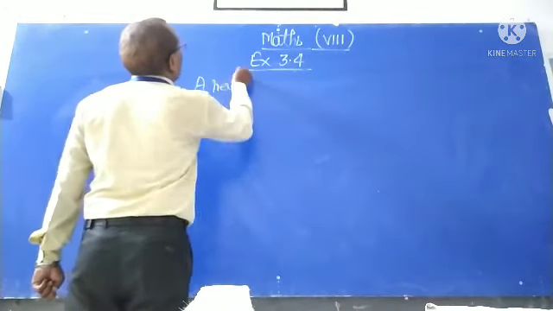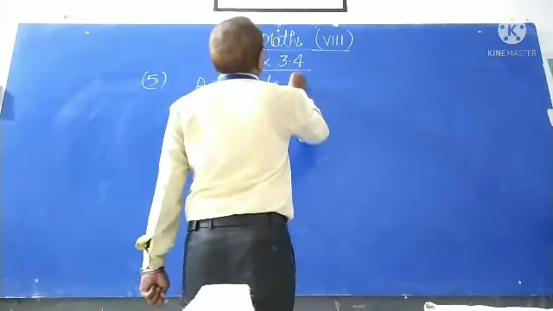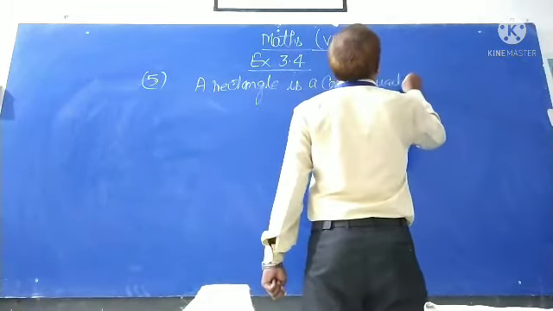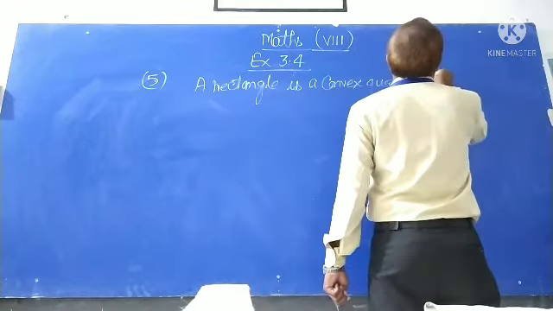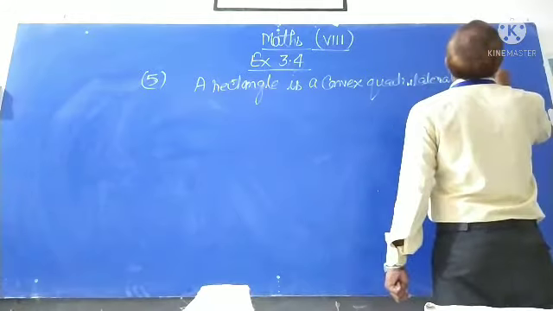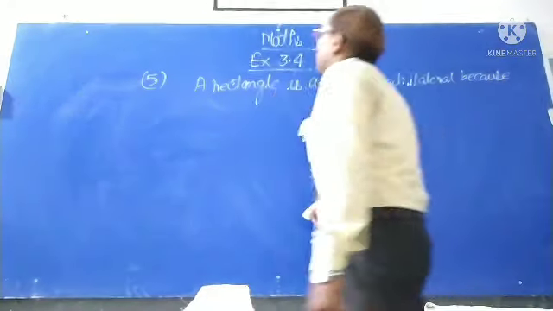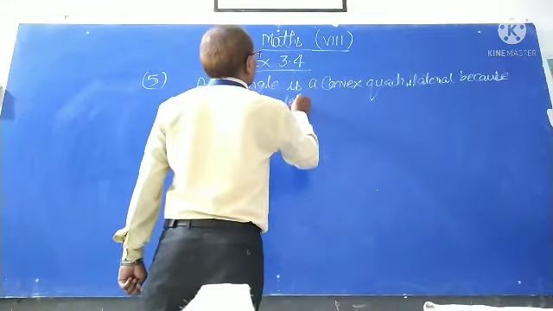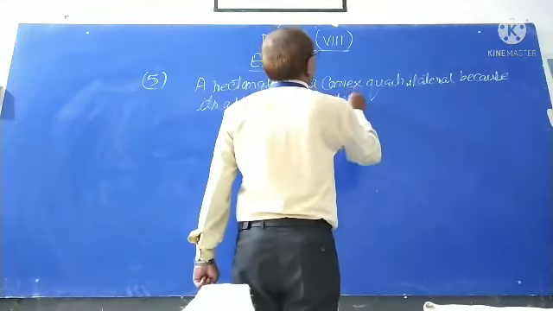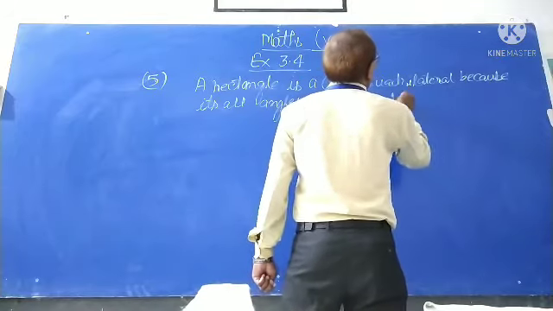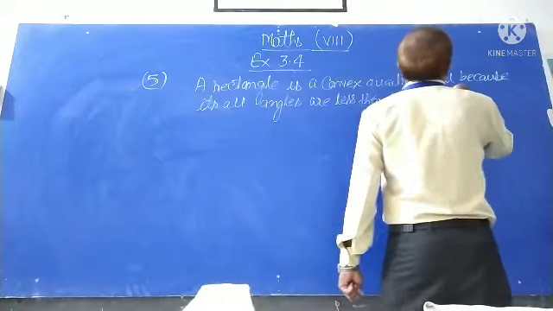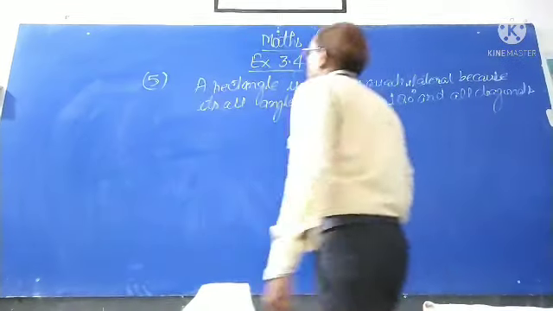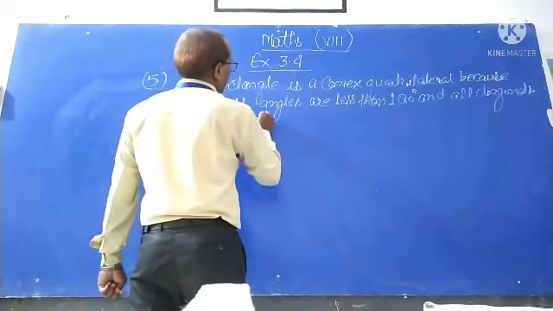A rectangle is a convex quadrilateral because all its interior angles are less than 180 degrees.